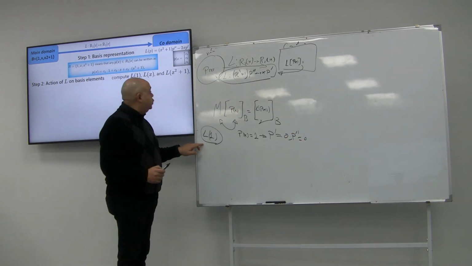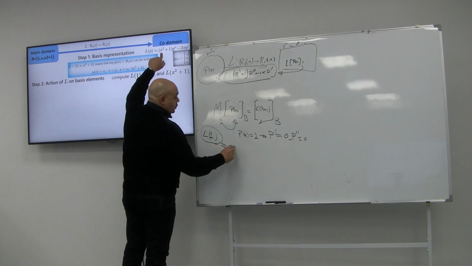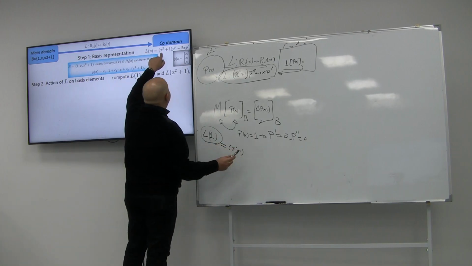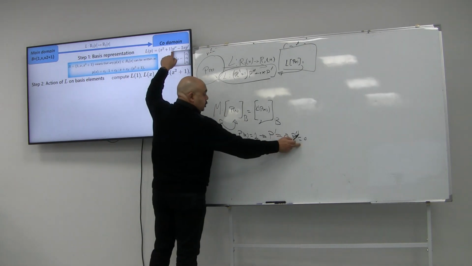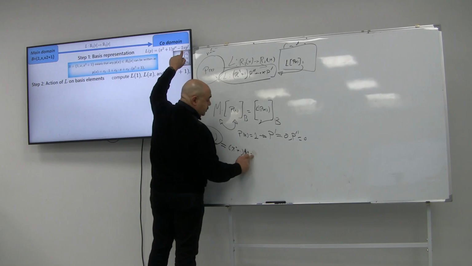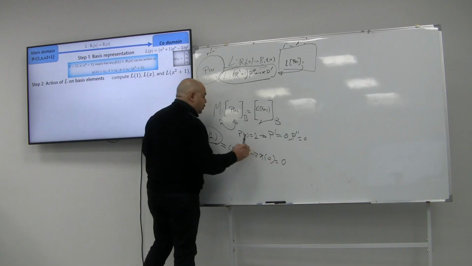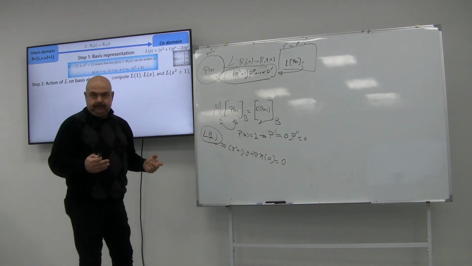How to get the image? It's very, very simple. All I have to do is make the direct substitution: x squared plus 1 times b double dash, which is 0, minus 2x times b dash, which is also 0. That's the image of 1 will be 0.